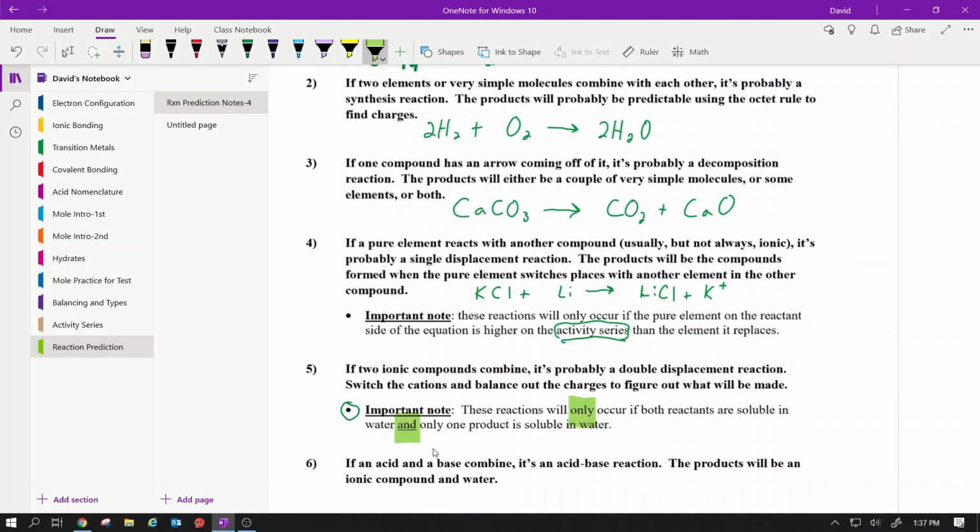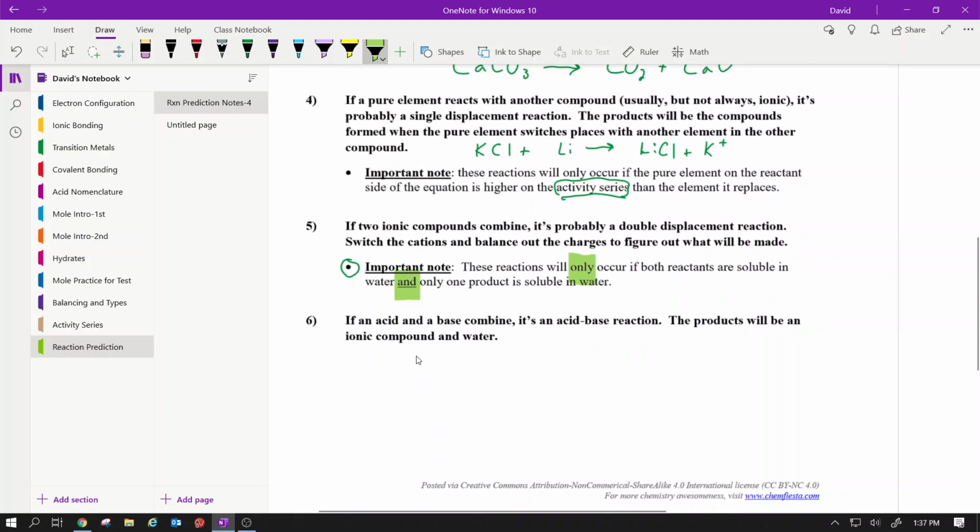And if you have an acid and a base, I will use our favorite. I tried to avoid this, but I'm going to use it now. HCl plus NaOH. This is kind of the classic acid-base reaction because it's one of your stronger acids and one of your stronger bases.